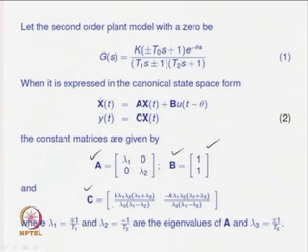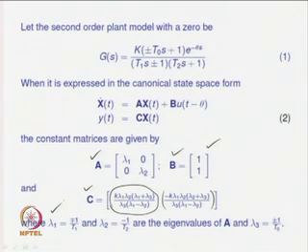The constants of C can be found as k lambda 1 lambda 2 times lambda 1 plus lambda 3 upon lambda 3 times lambda 1 minus lambda 2, whereas the second element of the C vector will be minus k lambda 1 lambda 2 plus lambda 3 upon lambda 3 lambda 1 minus lambda 2. So, these lambda 1, lambda 2, lambda 3 are nothing but the eigenvalues.